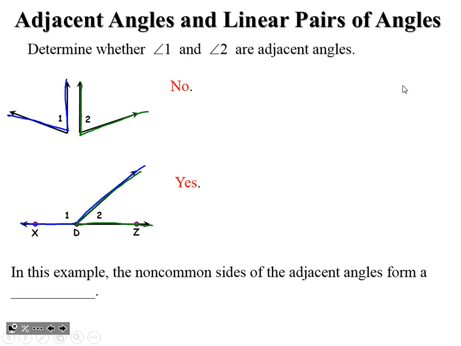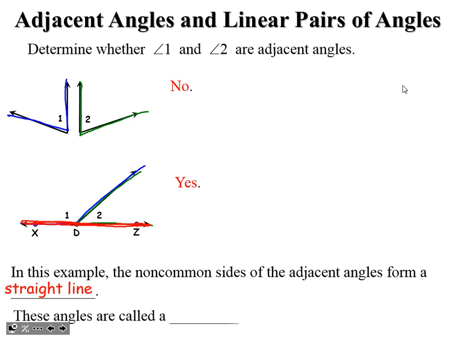And in this example, the non-common sides of the adjacent angles form a straight angle or a straight line, right here, X to Z. If adjacent angles form a straight angle or a straight line, we call them a linear pair.